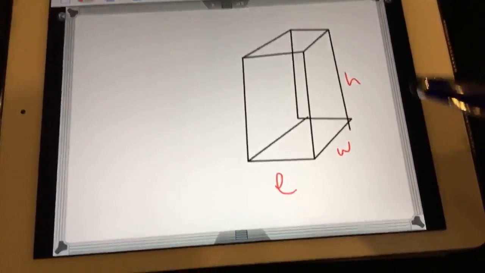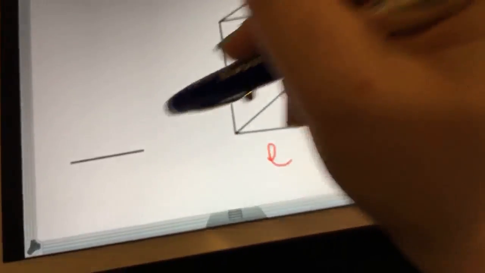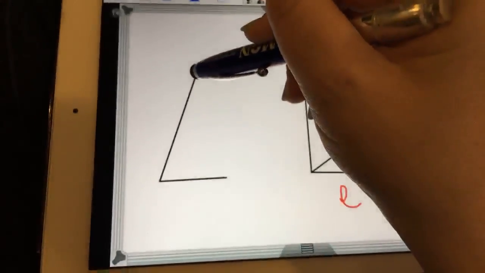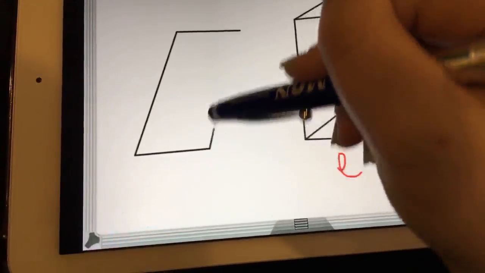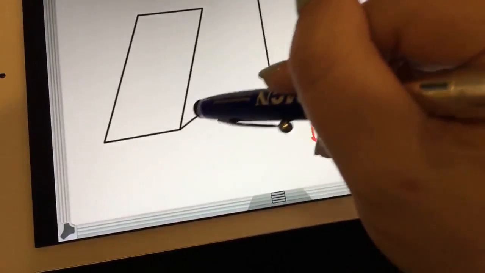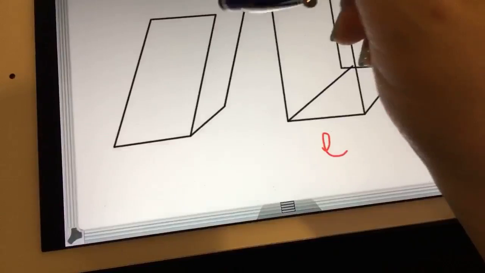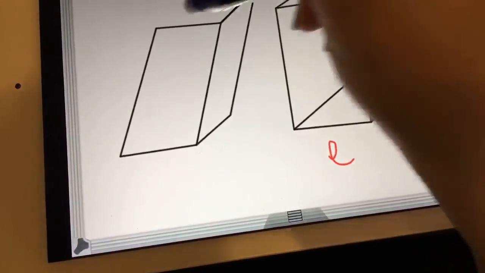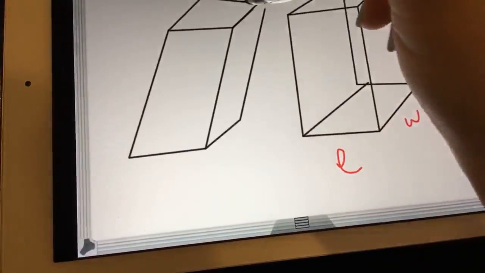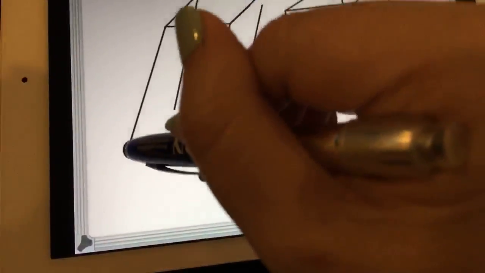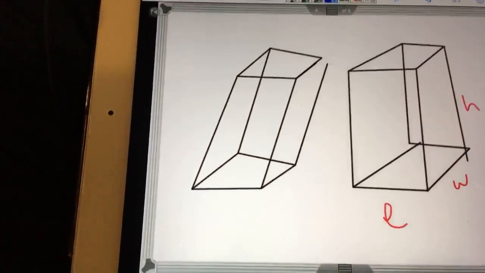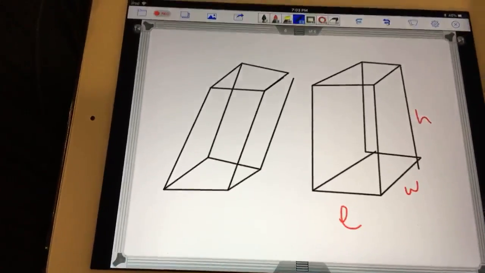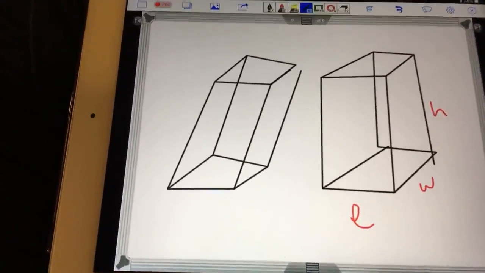What Cavalieri's principle says is we can have a similar shape, and I'm using similar as in like that shape, but not exactly. Okay? And my drawings are absolutely atrocious, and I apologize.